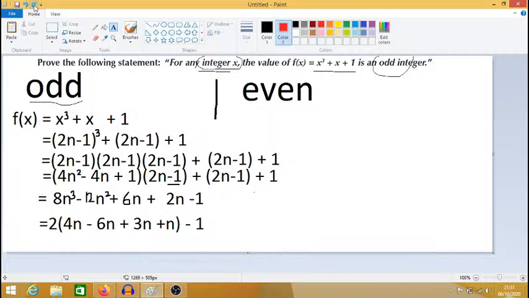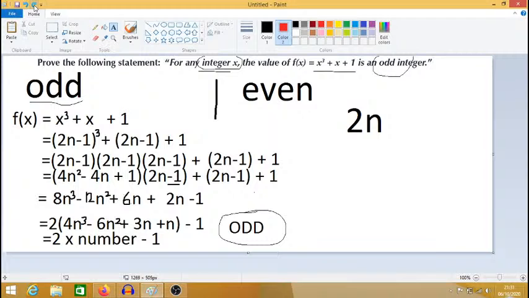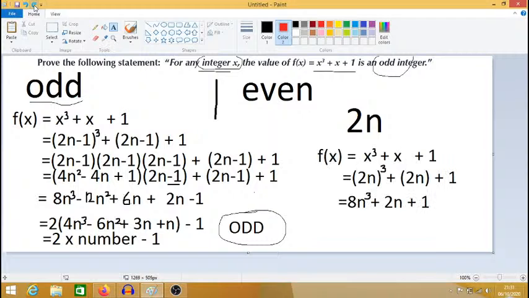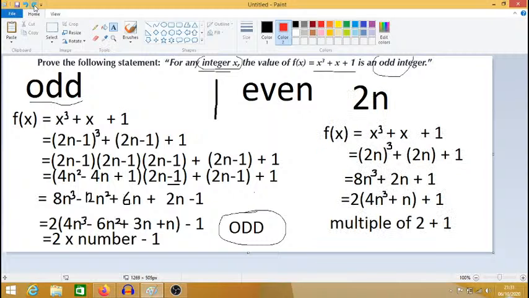Everything's a multiple of 2 that comes before that, so 2 times any number take away 1 is going to be odd. For even numbers we're putting in 2n, and if you remember, that simplified to 2 times a number plus 1. Again, that's got to be an odd number, because any multiple of 2 is even. When you go to the next number up, that's going to be odd.